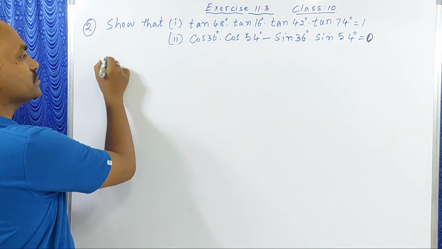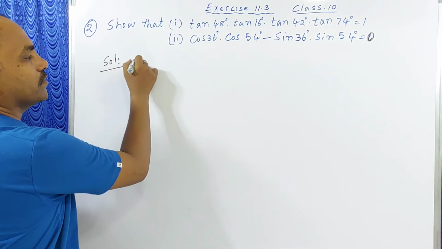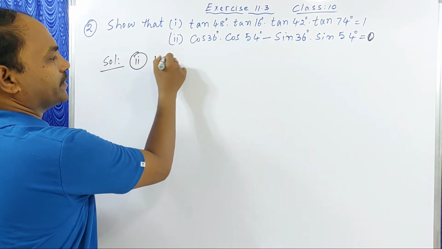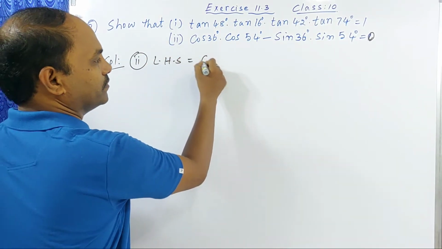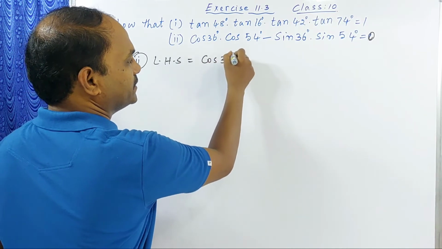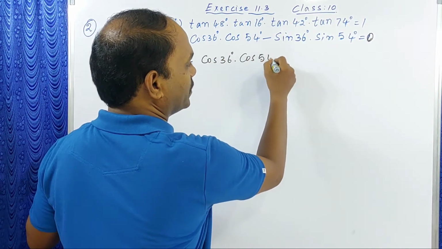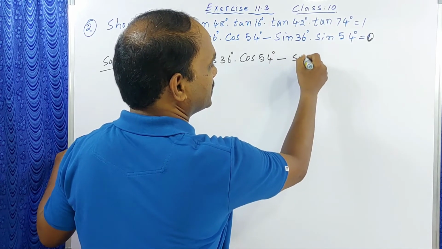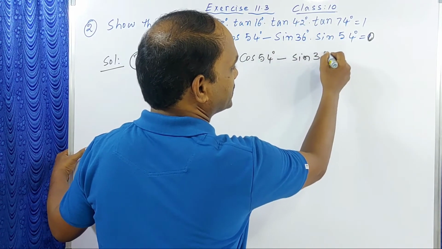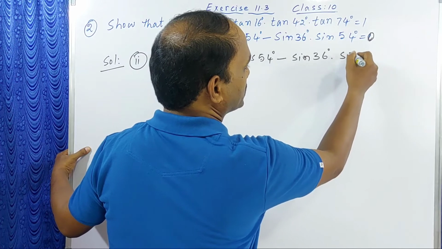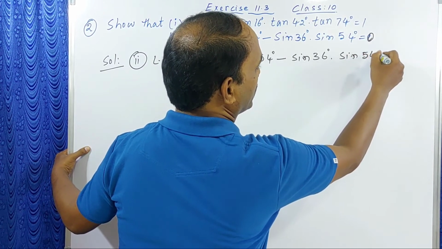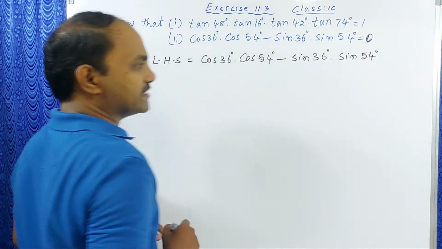Second one, solution. Again take the LHS value: cos 36 degrees into cos 54 degrees minus sin 36 degrees into sin 54 degrees. This one is LHS.